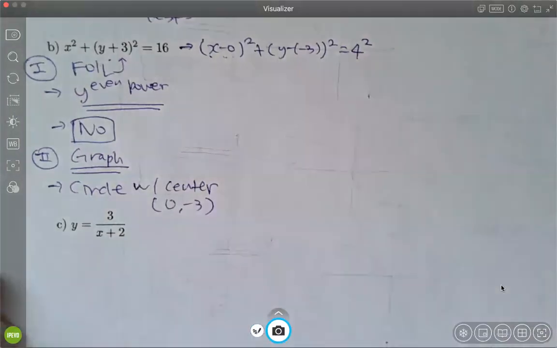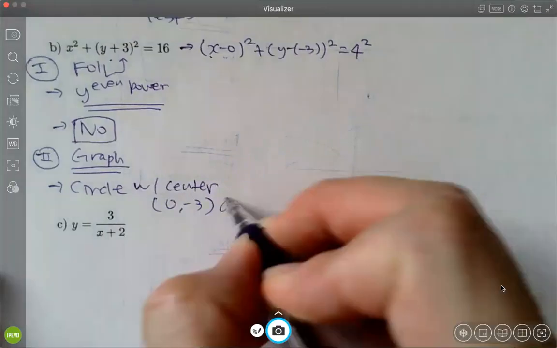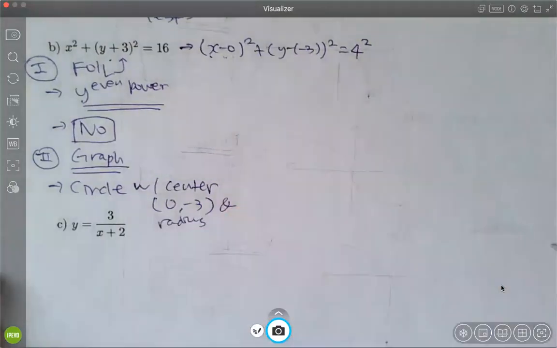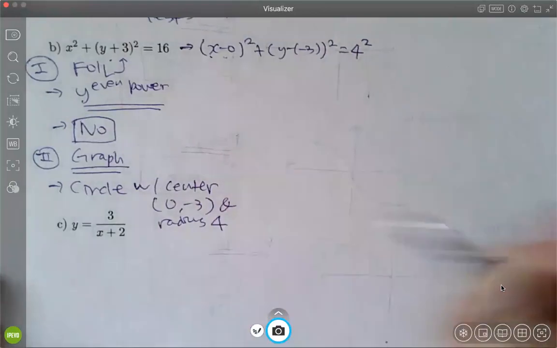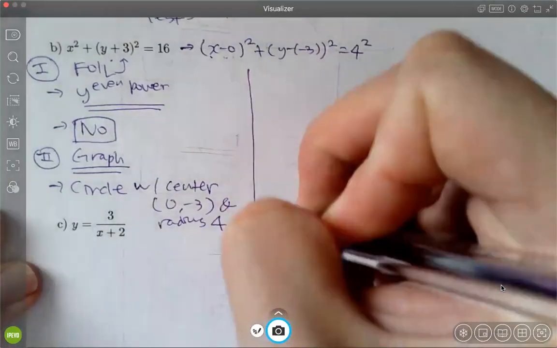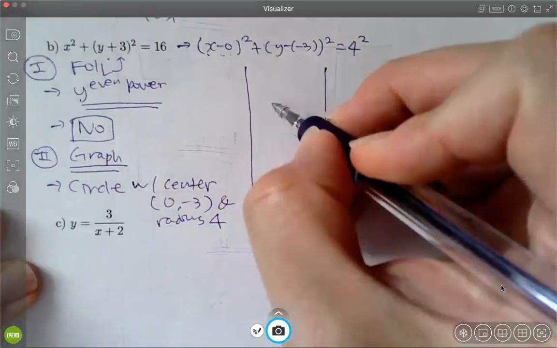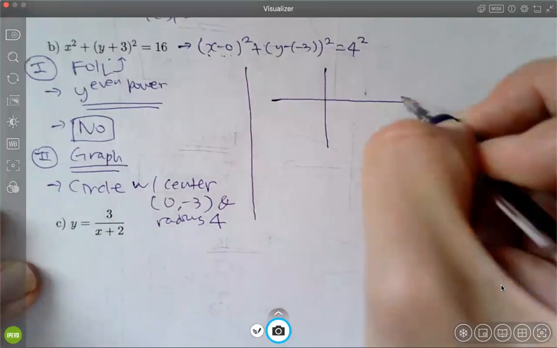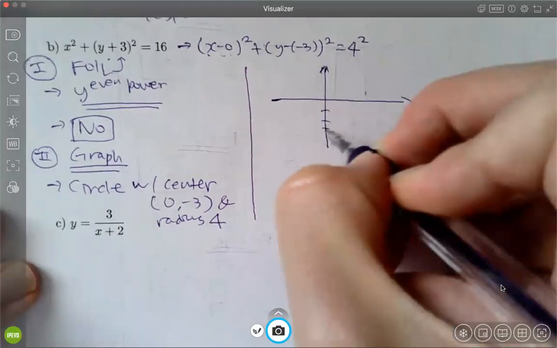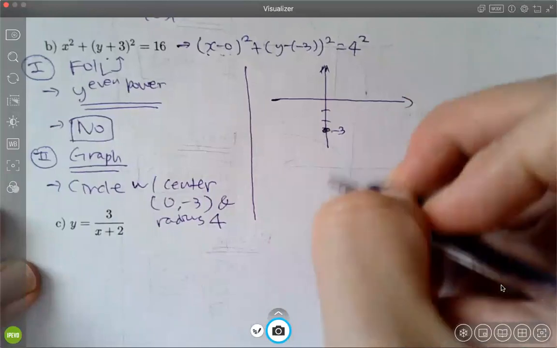I know we are covering lots of things in a short period of time, but you have to recognize this form, 0, -3. And what's the radius? 4, right? Okay. So if we sketch the rough graph, the center is at 0, -3, which is somewhere here, and then it has radius 4, so it looks like this.